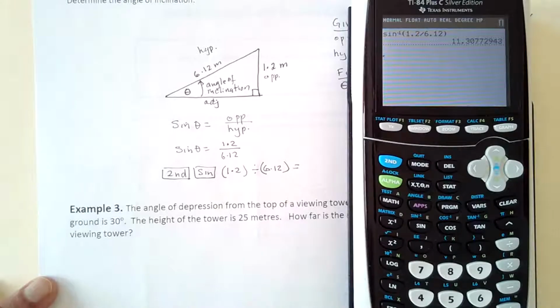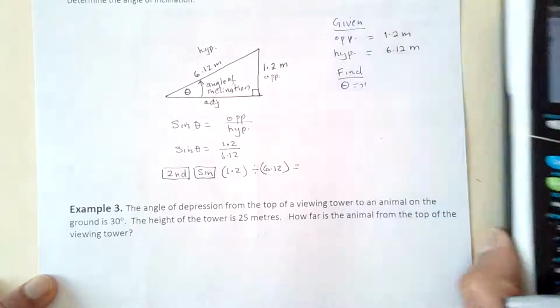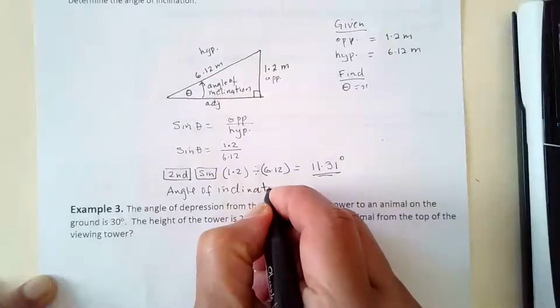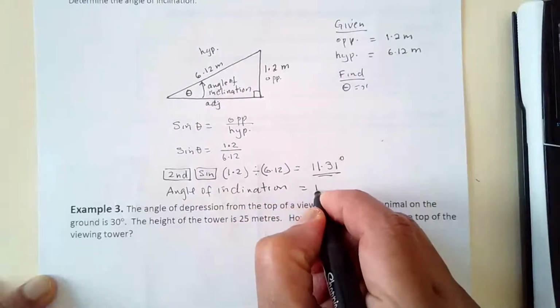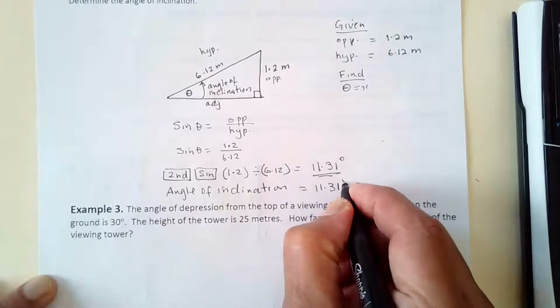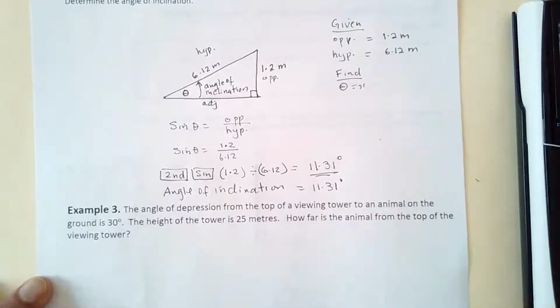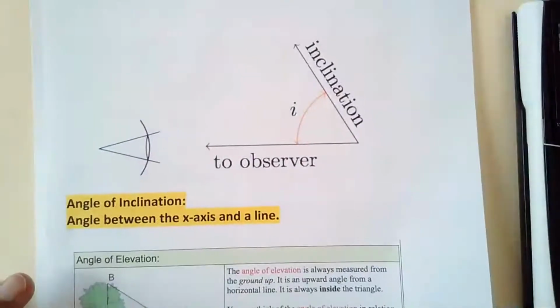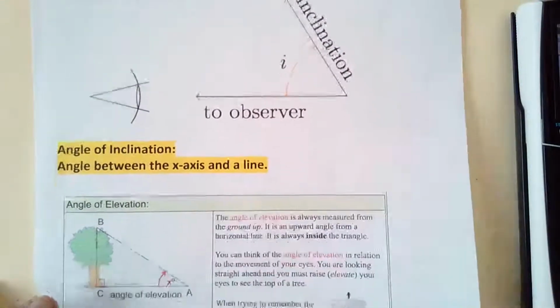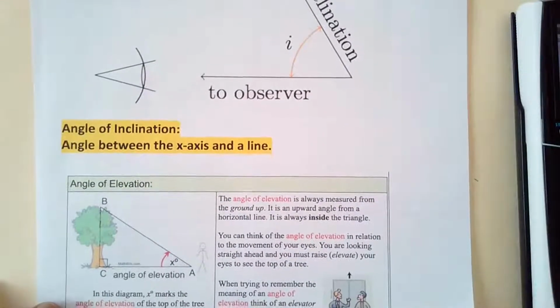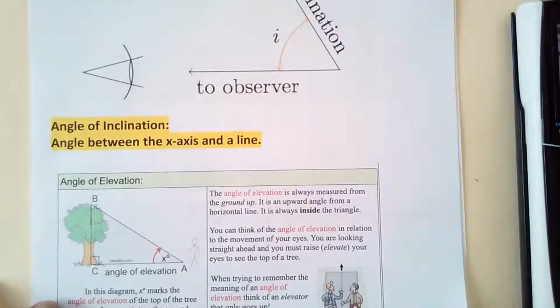That gives me an angle of 11.31, so 11.31 degrees. So just remember, the angle of inclination, it's another way of saying the angle of elevation. It's always from.